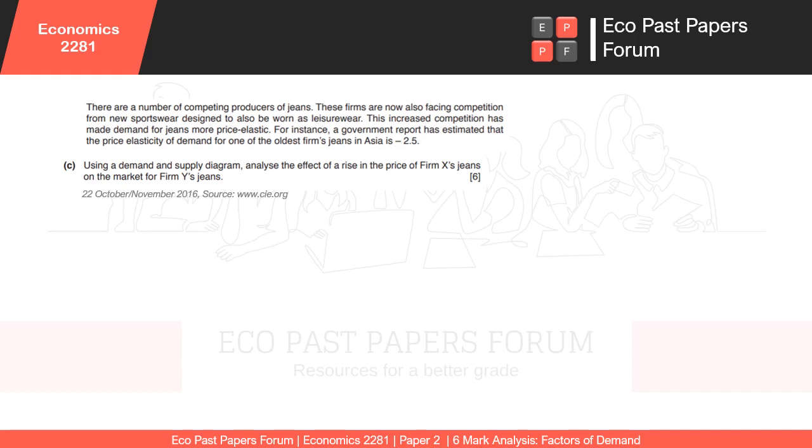The question, which we're going to be solving in this video, is: using a demand and supply diagram, analyze the effect of a rise in the price of firm X jeans on the market for firm Y's jeans. This is taken from variant 2.2 of October-November 2016 and the source is cie.org.